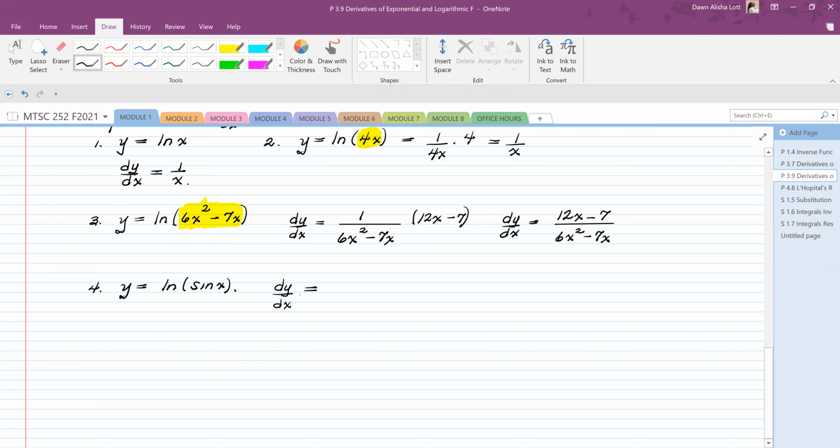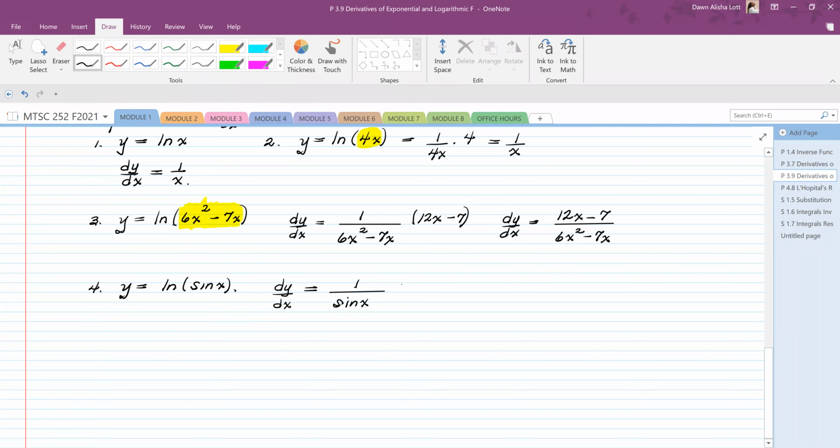I can try. So for dy over dx, would it be 1 over sine x? Okay, that's right. So we're going to put the sine x in the basement, and then what do we do? And you multiply that by the derivative of sine x. Which would be?